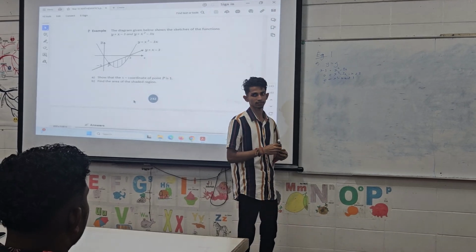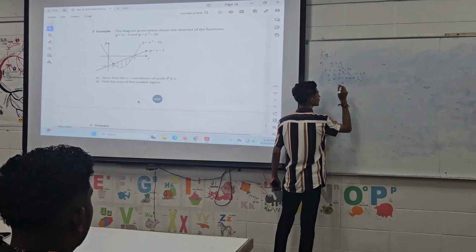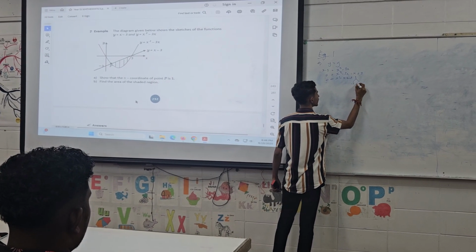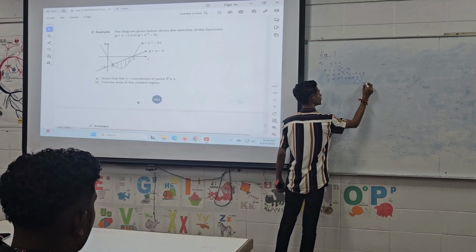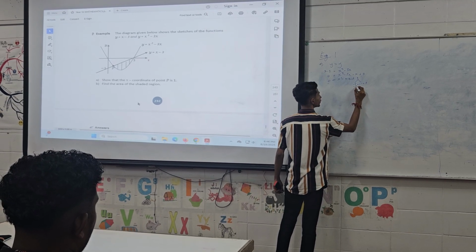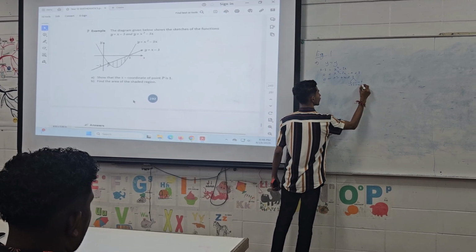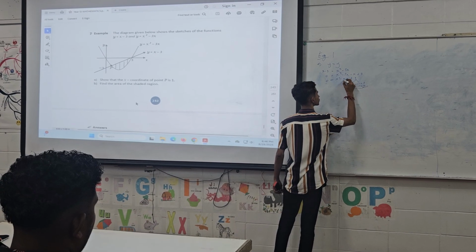Now we factorize that. We have to find two factors that multiply to give 3. What are the factors? It is negative 3 and negative 1. We multiply these, it will give us 3, and when we add these, it will give us negative 4, which is this value.